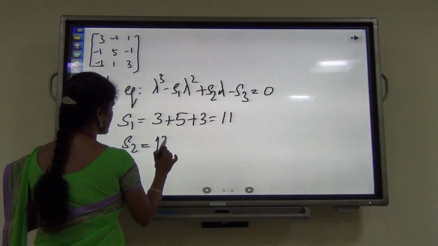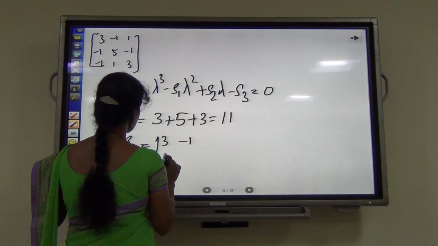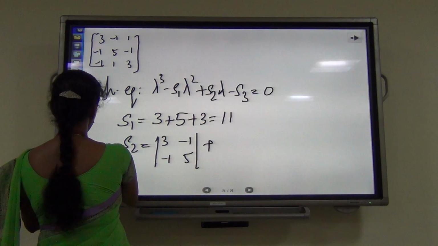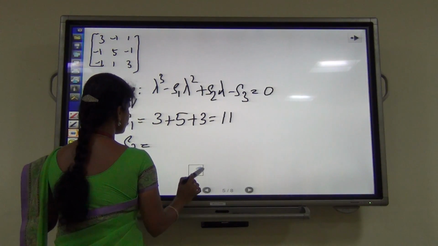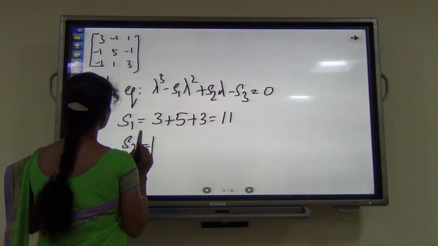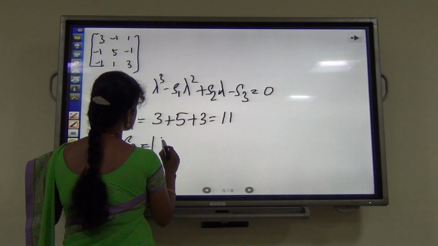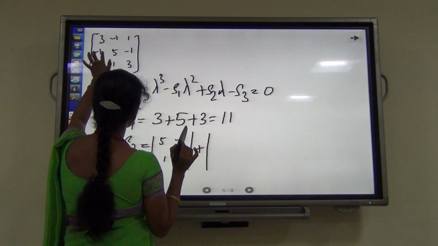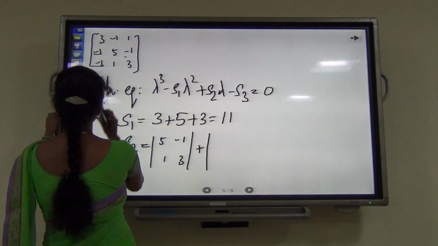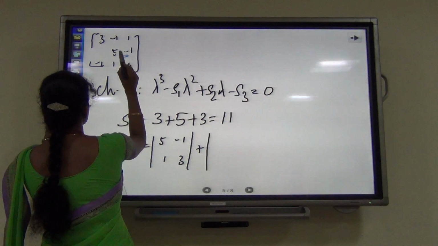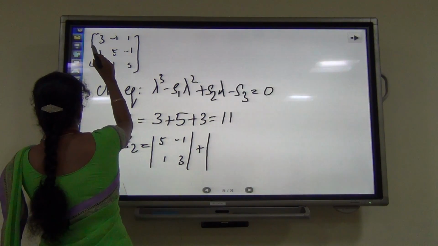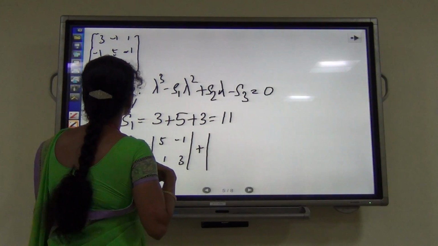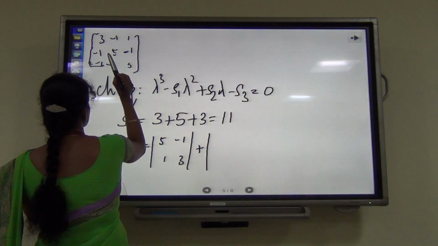Let us get the minor matrices. The corresponding row and column are removed for each leading diagonal element.